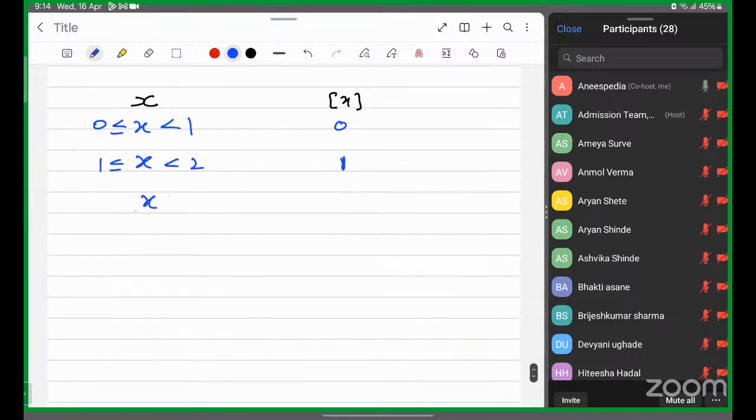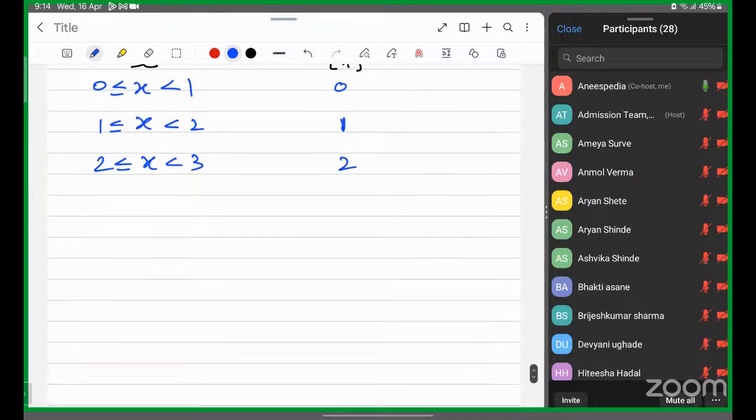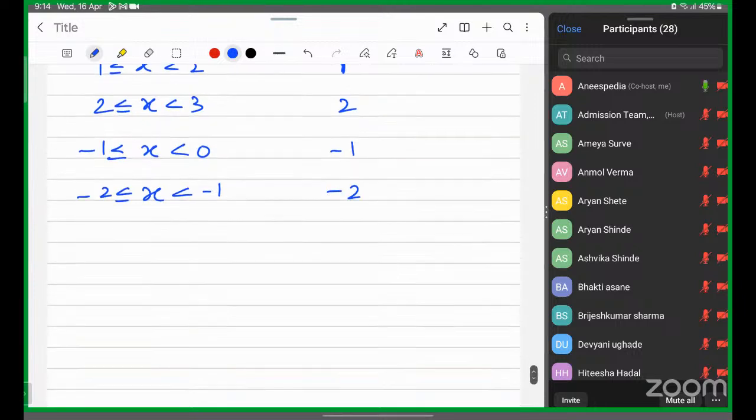If x is in between 2 to 3, greatest integer will be 2, and the story goes on. If x is in between -1 to 0, greatest integer will be -1. If x is in between -2 to -1, greatest integer will be -2, and the story goes on.